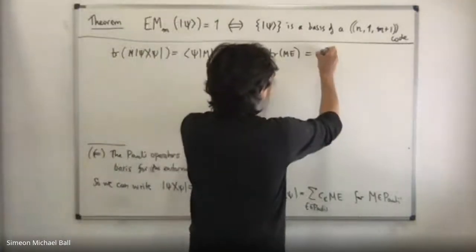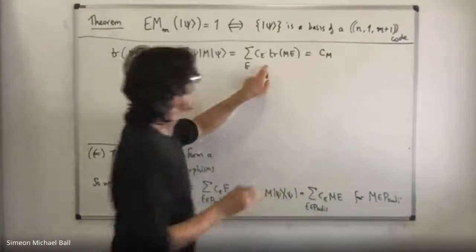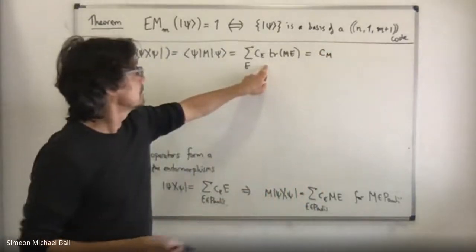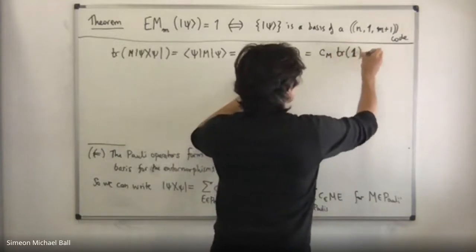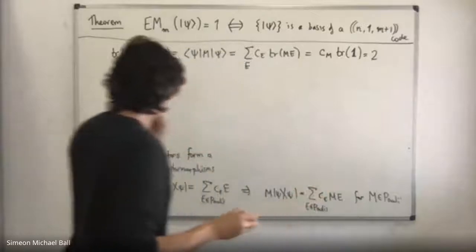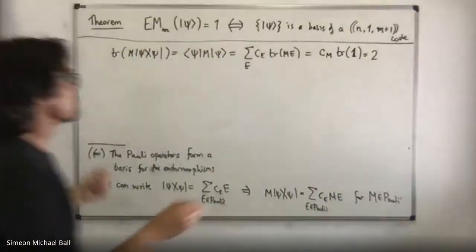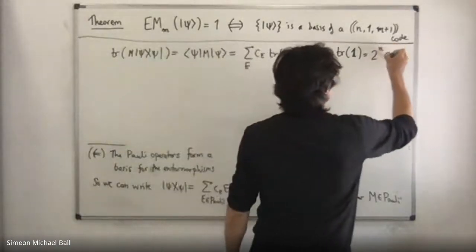So this will just give us C_M times whatever the trace of the identity is, which is 2 to the how many? We're now just over the big system, aren't we? So that's 2 to the n.